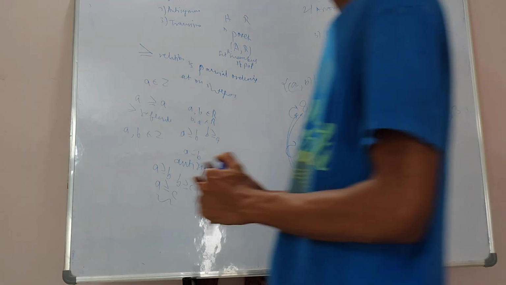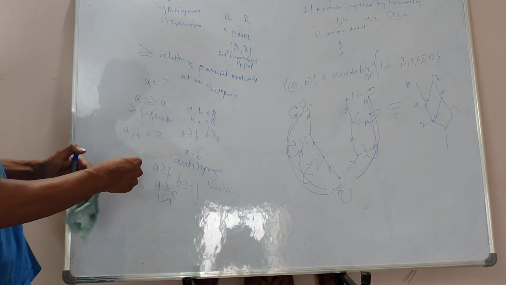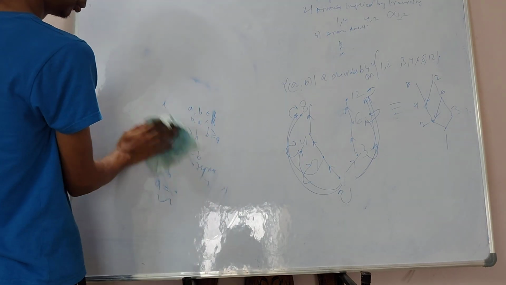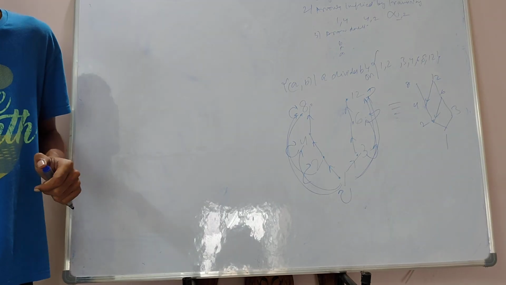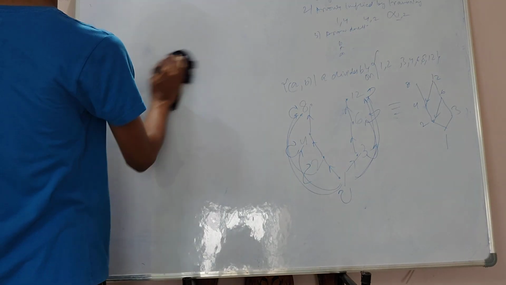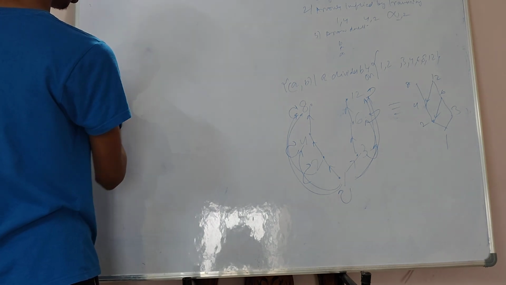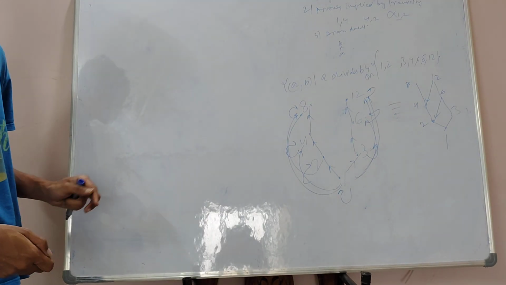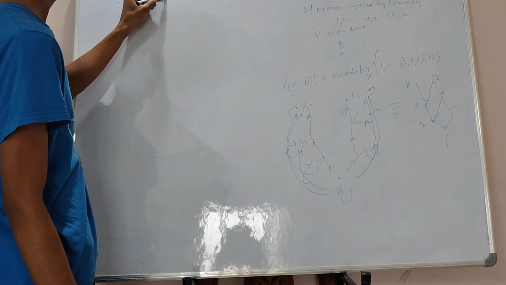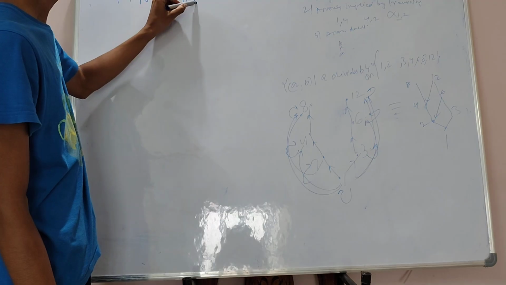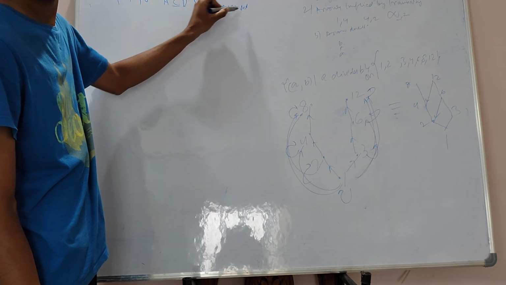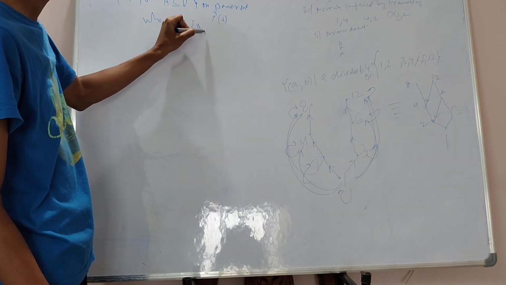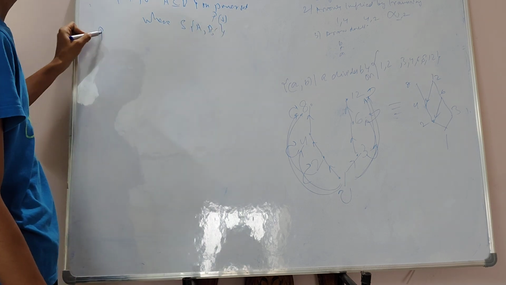Now let's solve another question. Suppose I have, for set (a, b), a is a subset of b, on the power set P(S), where S is {a, b, c}. So the power set will be what?